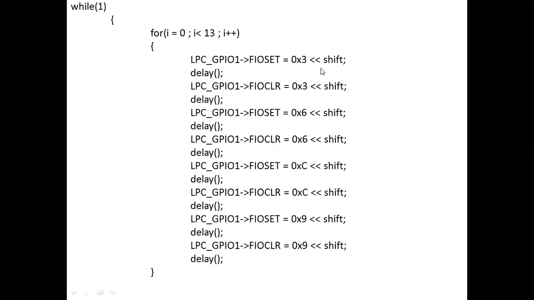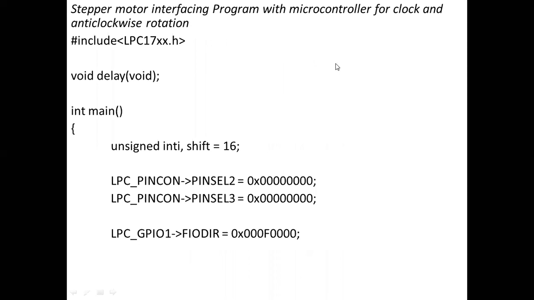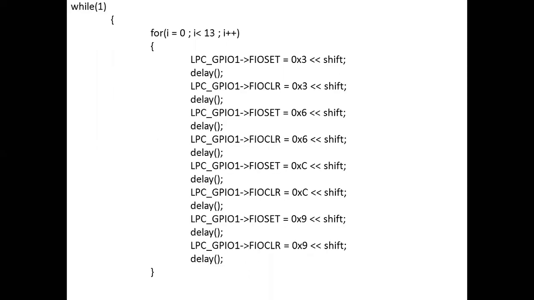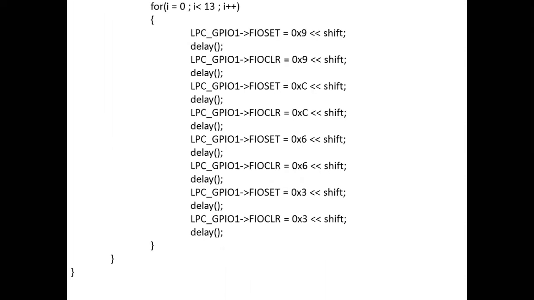To which position are you loading the value? Shift is equal to 16. So the 3 will be shifted to the 16th position. That's why I am initializing the shift as 16. So 36C9.